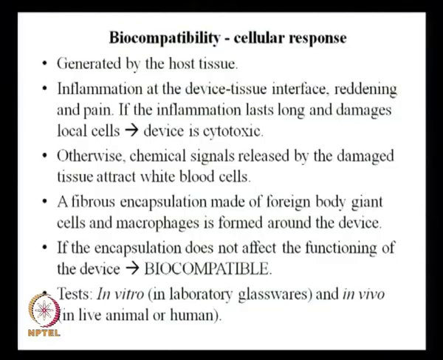So, the moment you insert a material inside the human body, there would be chemical signals released by the damaged tissue. Some tissue will be damaged, because it is an intact tissue, and the moment you are putting a material inside, you are damaging some tissue, some portion you are cutting out.